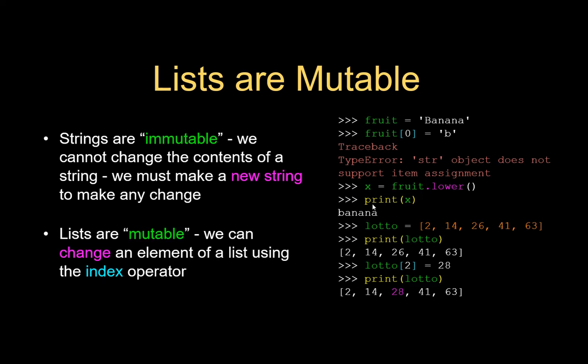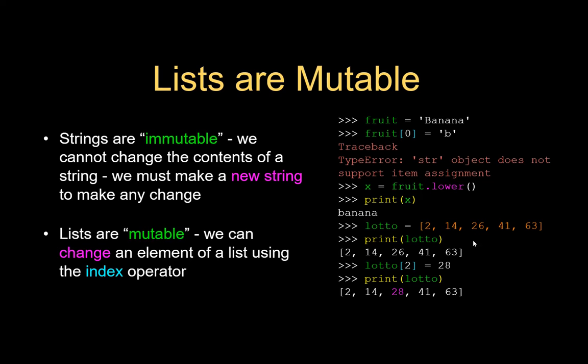When we print x, we're going to have banana with a small b. So in this case, x has been the lower case of our fruit, but the content of the fruit is still banana with capital B. So the lower function did not change the original fruit string.